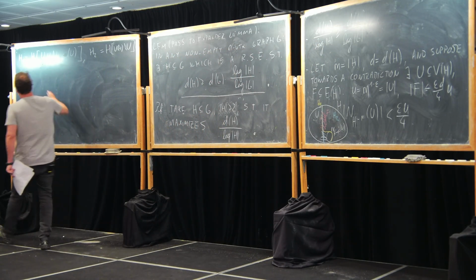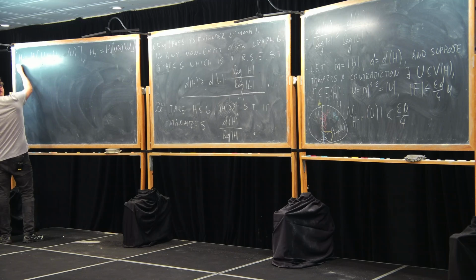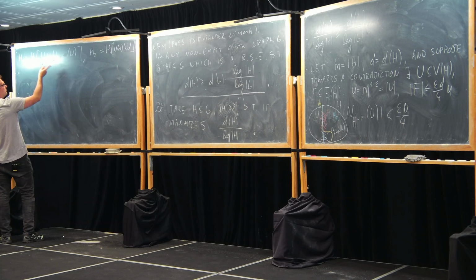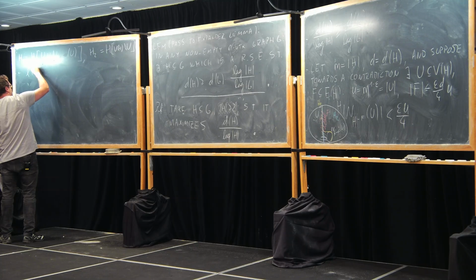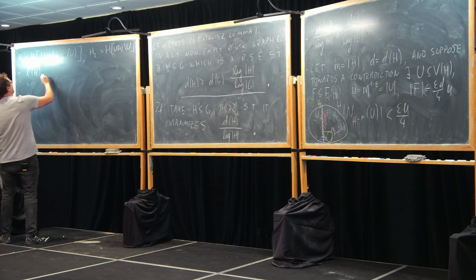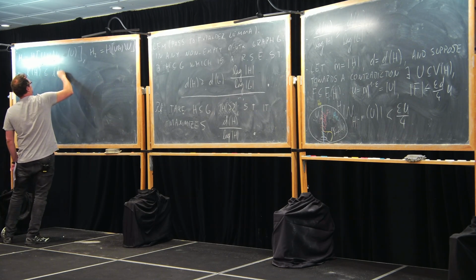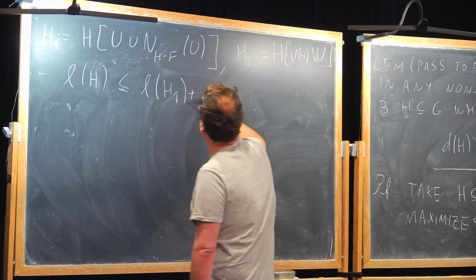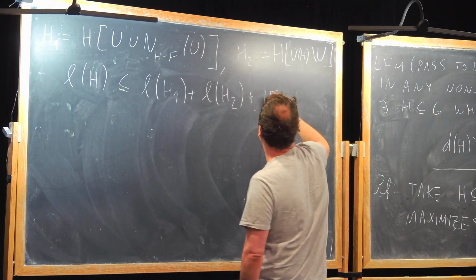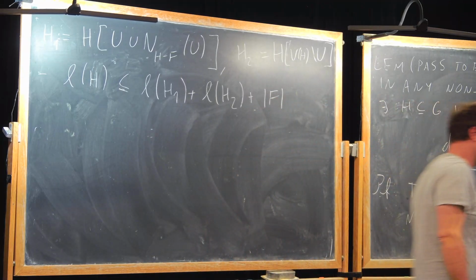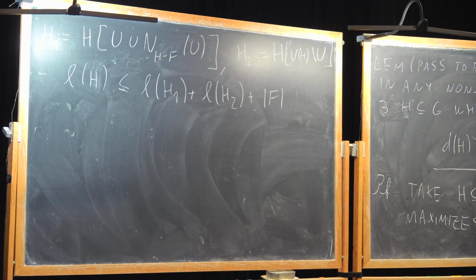So for that, the key relation between the number of edges is that the number of edges in H is at most the number of edges that live in H1 plus the number of edges that live in H2 plus the size of F. Right?